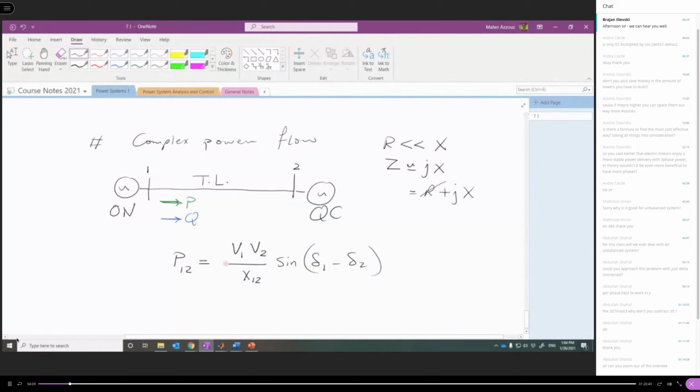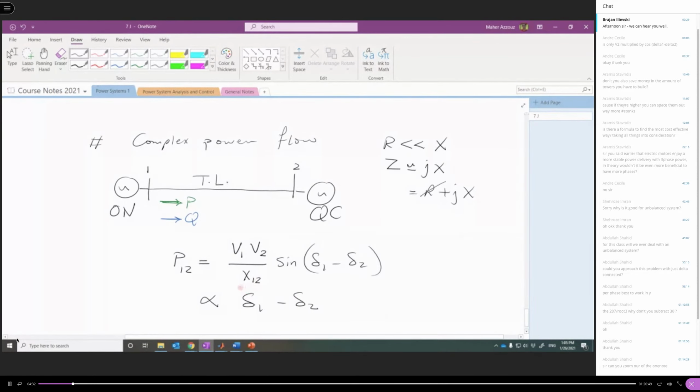So we know now that the active power flow between bus 1 and 2 is proportional to the angle difference, which means if we want to transfer power from Ontario to Quebec, we have to increase the voltage angle of bus 1 with respect to the voltage angle of bus 2. So we will have to make delta 1 greater than delta 2.